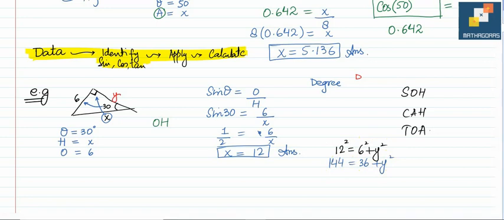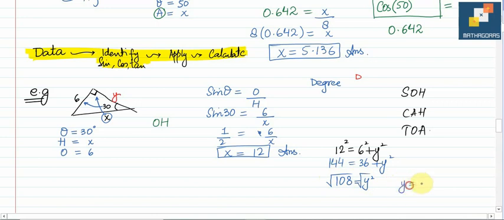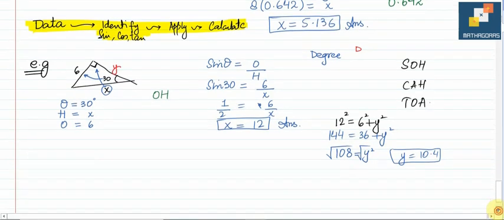It will be 108, and then you need to find out the under root of 108, so its value is 10.4, right? So that's how the question comes in exam. You need to find both of the sides, or maybe one side, it depends on the question, right?